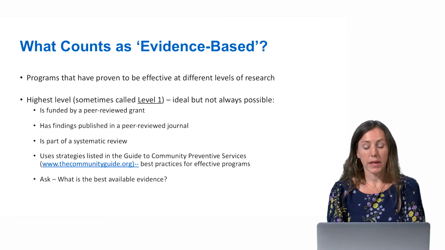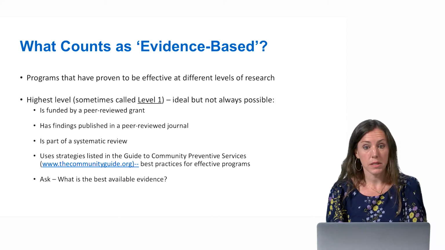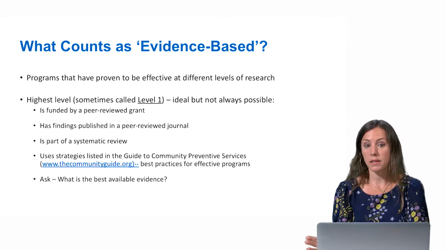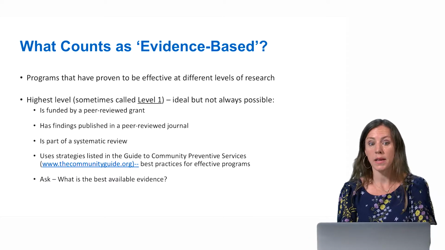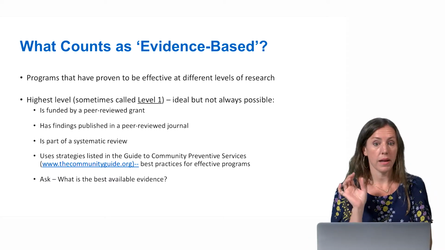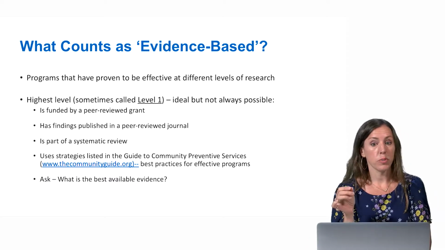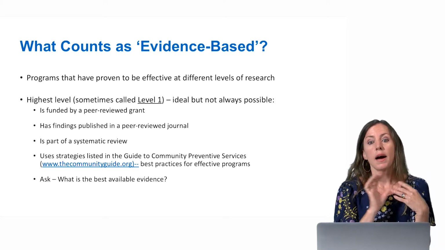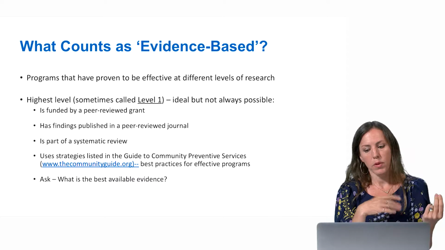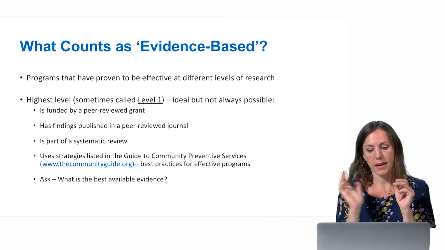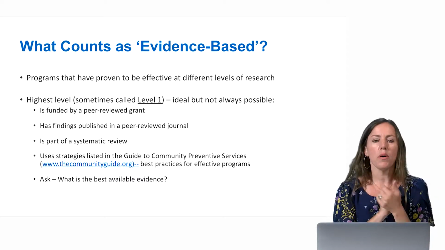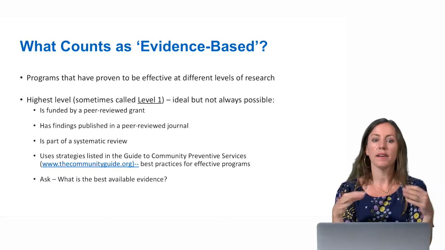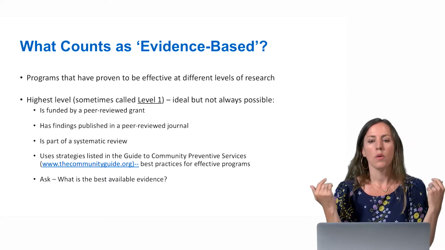You may be familiar with the Guide to Community Preventive Services, which includes best practices for effective public health programs. The Community Guide also has health equity focused programs on their website, which I would encourage you to look at. Ideally, whatever the program or practices would align with their recommendations. But you always have to step back and ask yourself what's the best available evidence we have to work with.